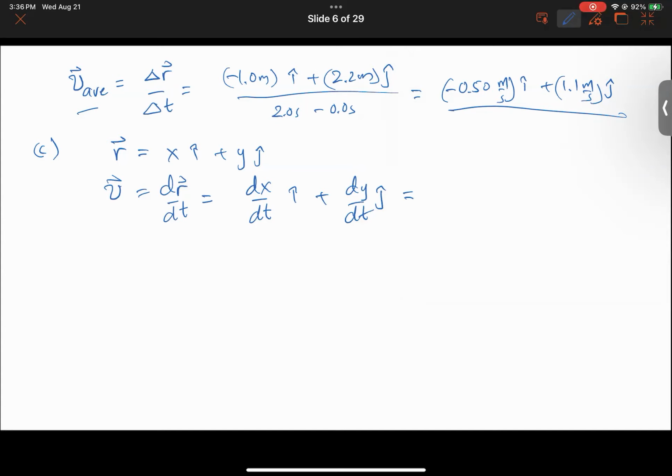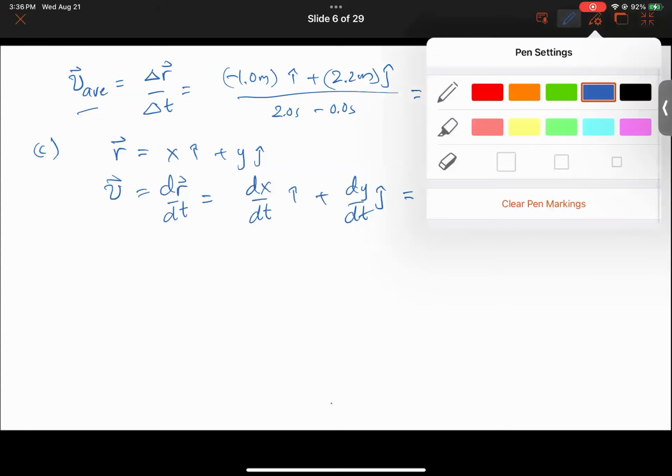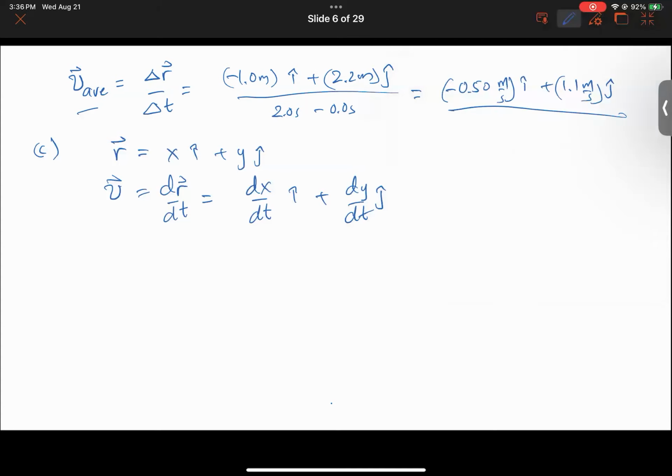So we know kung ano yung dx dt. We know kung ano yung x, I mean. So ang x is 2 meters minus 0.25 meters per second squared times t squared, and yung y is 1.0 meters per second t plus 0.025 meters per second cubed t cubed.